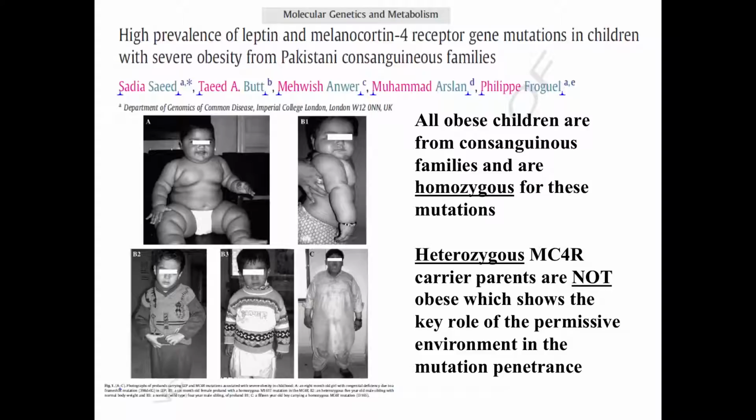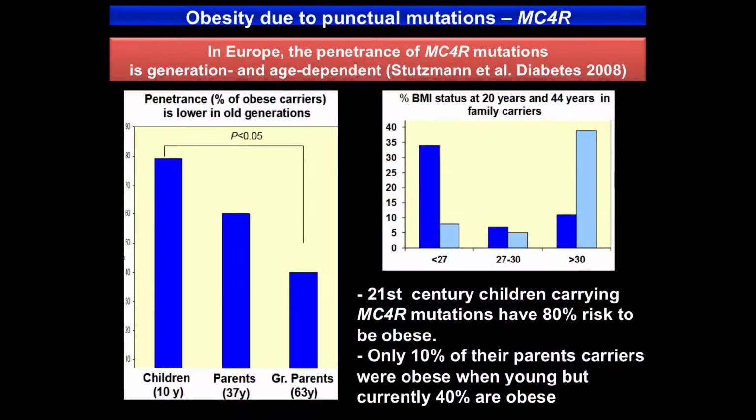Only the child is, and the parents are by definition heterozygous for the MC4R mutation. So in Pakistan, you need 2 mutated alleles, so it's recessive, to develop obesity, which is not the case in Europe. In Europe, if you have a child with a mutation, the penetrance, so the proportion of children who develop obesity, is about 80%.